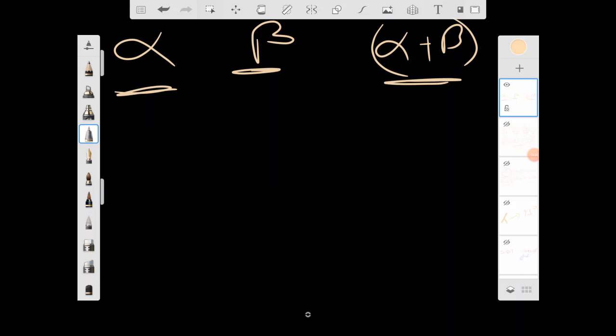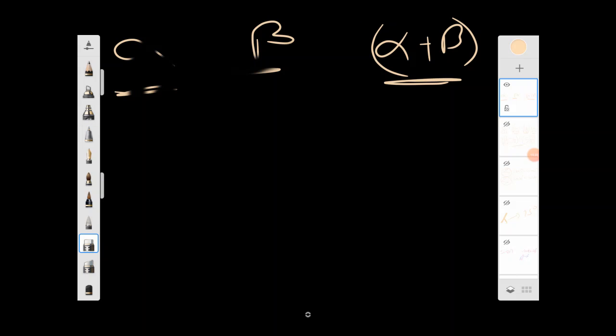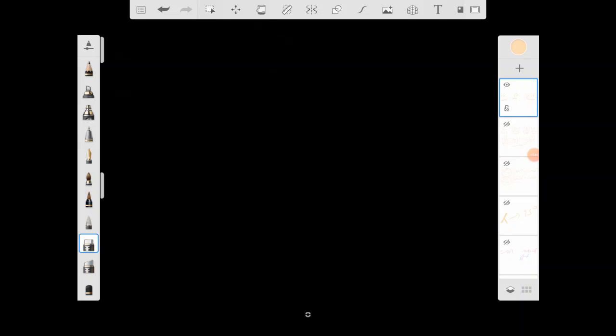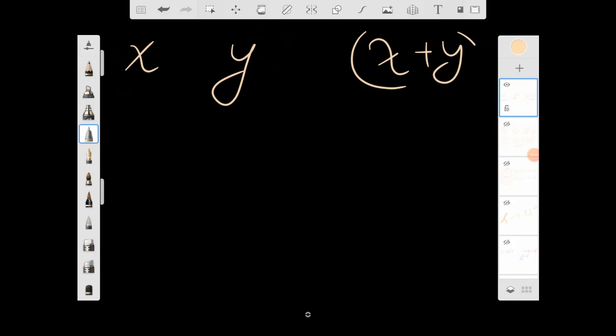It is confusing, right? Let me take an angle x and another angle y. Suppose I know sine x and sine y, and I need to find the sine of x plus y. How to do it? Let's take it in a general format.